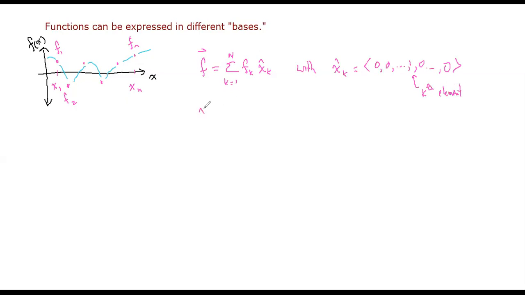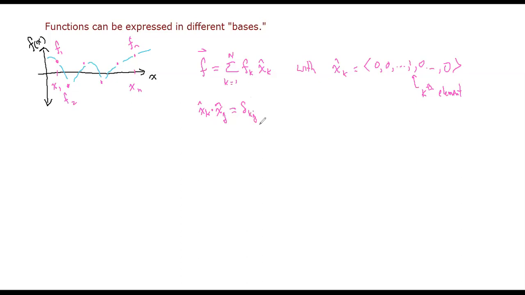And these things, the x hat k, definitely satisfy the requirements for a basis, namely that x hat k dot x hat j is equal to, hopefully everybody gets it by now, third time through, our favorite symbol. Delta kj. Exactly. So the Kronecker delta.